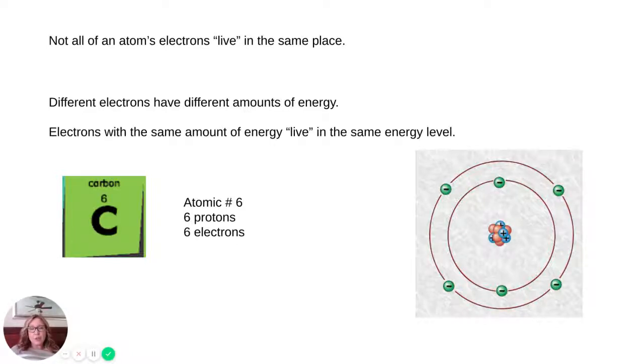So that energy level is full. Then the remaining electrons go in the next energy level. So the 6 electrons of carbon, 2 of them go in the first energy level, and the remaining 4 go in the second energy level.